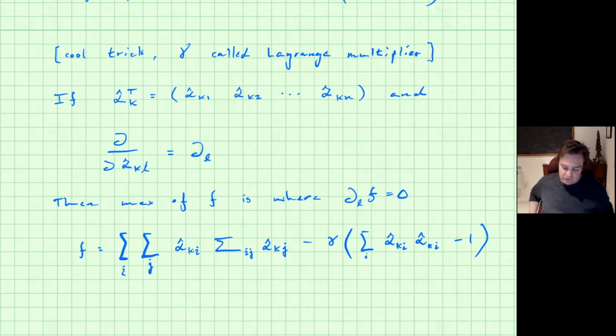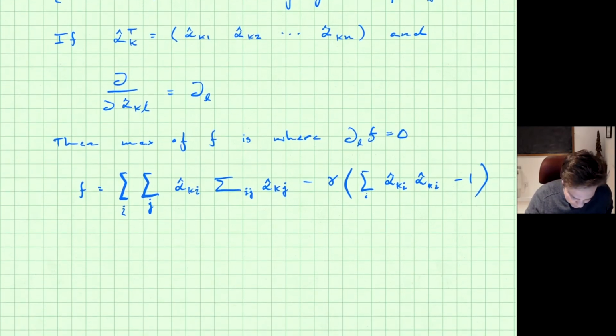All right, so that's what f looks like if you fully expose the components of the alpha vectors, so that you write it as a sum, so you can see the matrix multiplications written out completely. So f looks like that, and further, the derivatives look like this.